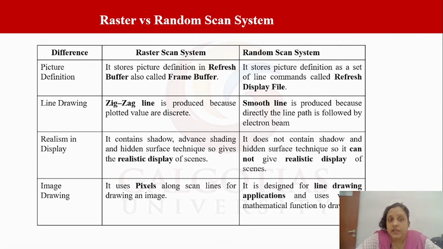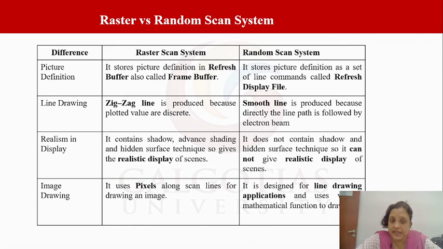In the context of line drawing, in raster scan system a zigzag line is produced because plotted values are discrete, because of vertical and horizontal retrace. In random scan system, a smooth line is produced because the line path is directly followed by the electron beam.